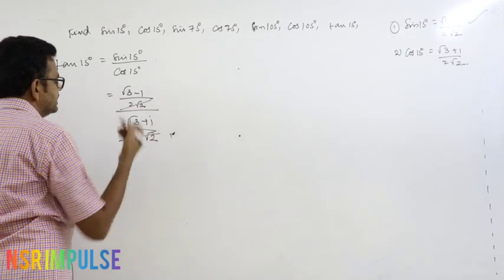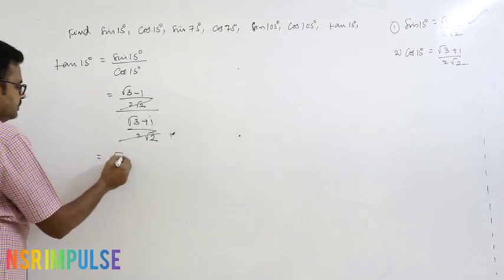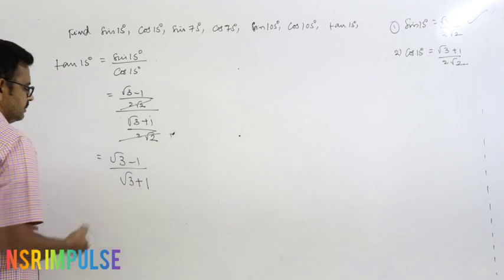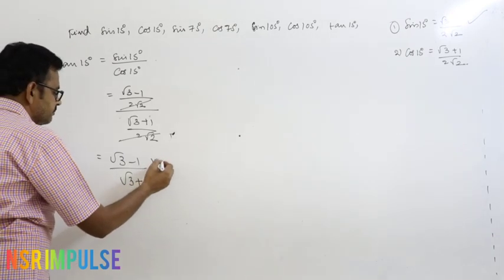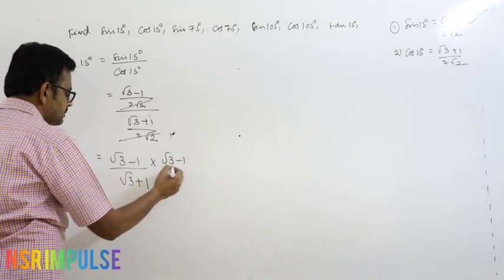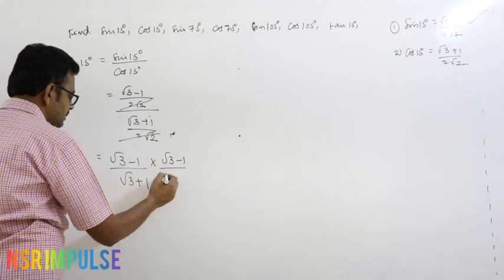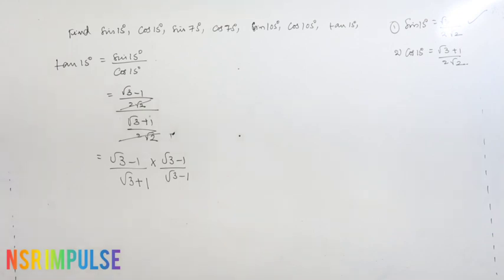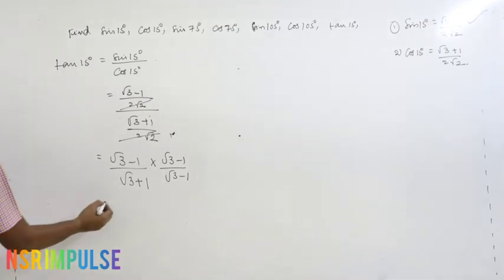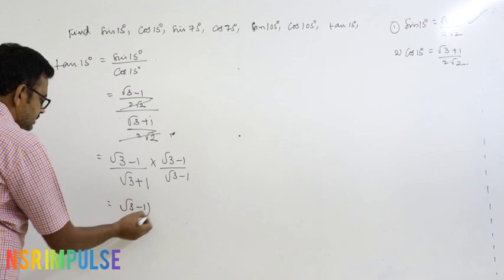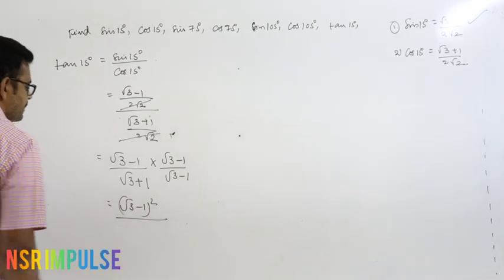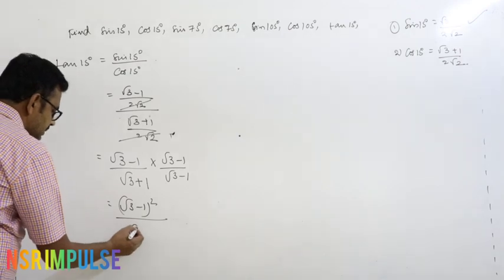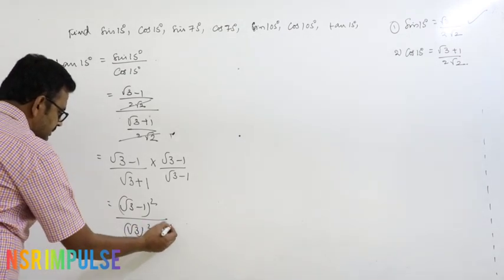So these get cancelled, that is root 3 minus 1 by root 3 plus 1. By rationalizing, multiply and divide by root 3 minus 1. So this is root 3 minus 1 whole square by a plus b into a minus b, a square minus b square.